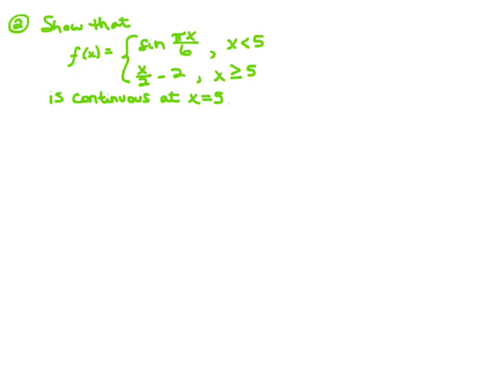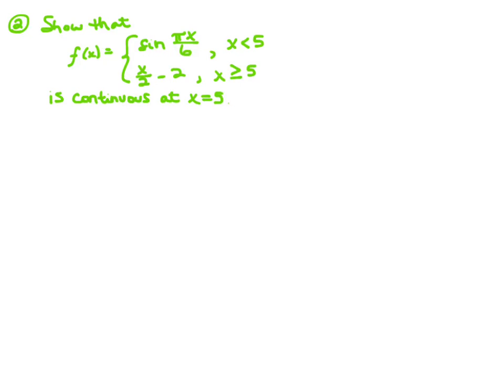In question number 2, we've got a function f of x, again a piecewise function, and we're asked to show that it is continuous at 5. Similar to the question we did before, the caveat is that if we're going to prove that this function is continuous, we have to show that it satisfies all three parts of the definition of continuity.